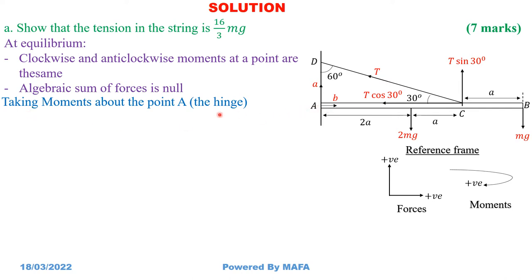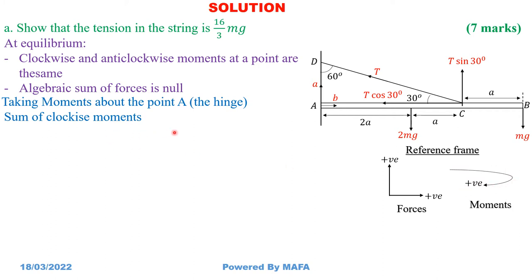So taking moments about the point A, we have two types of moments, the clockwise moments and the anti-clockwise moments. We begin with the clockwise moments, and remember we are summing these clockwise moments because we have many forces involved. Clockwise moment means there are forces that are making the rod or the system go in this direction, like it is indicated here.